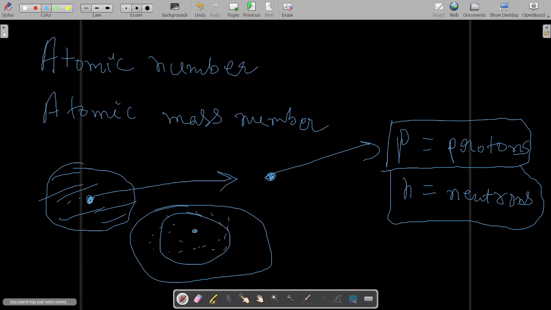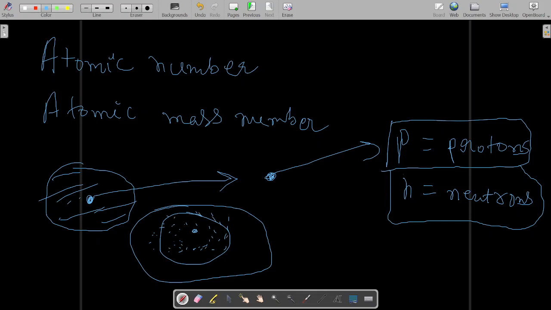It does not exist like a revolving planet. That is a totally wrong concept, because a planet is a macro object and electron is a micro object. We can only say that an electron cloud is there around the nucleus.